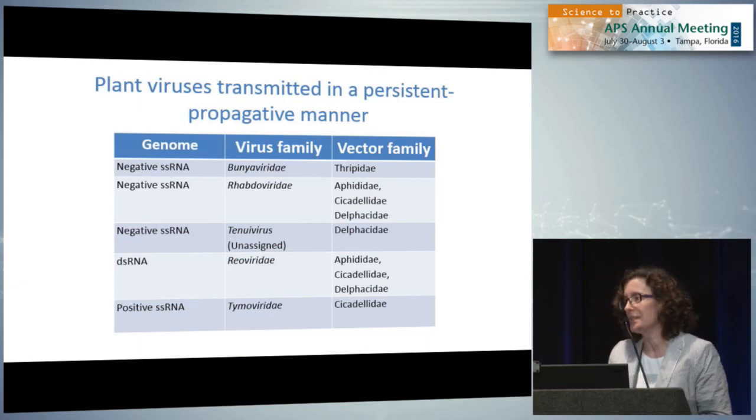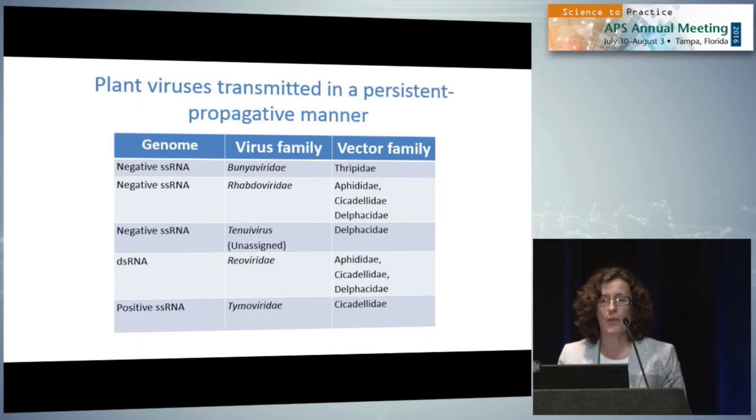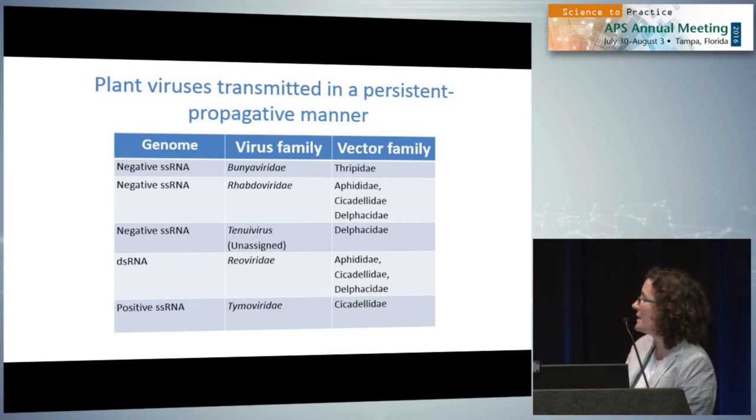When we think about persistent propagative viruses, they're actually quite different from the majority of other plant-infecting viruses. The majority of them are negative strand RNA viruses. If you look here, these are the bunyaviruses and rhabdoviruses, then we have the tenuiviruses, and then we have a few others.